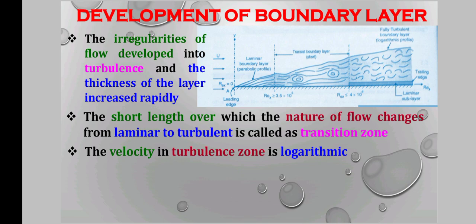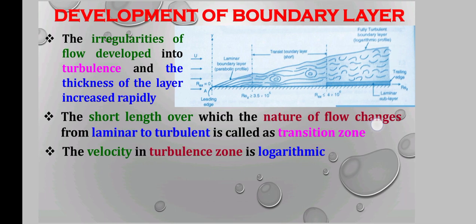The irregularities of the flow develop into turbulence and the thickness of the layer increases rapidly. The short length over which the nature of the flow changes from laminar to turbulent is called the transition zone. The velocity in the turbulent zone is logarithmic. We have already seen that.